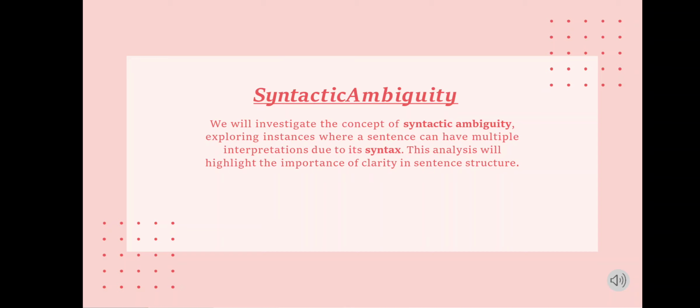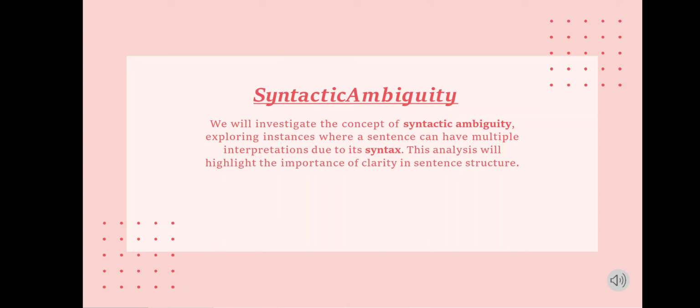Also, punctuation. Use of proper punctuation such as commas, semicolons, and even parentheses can help us clearly understand the relation between words and phrases within a sentence. Also, rephrasing and context.